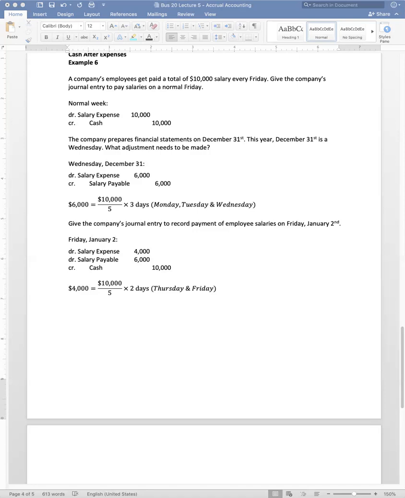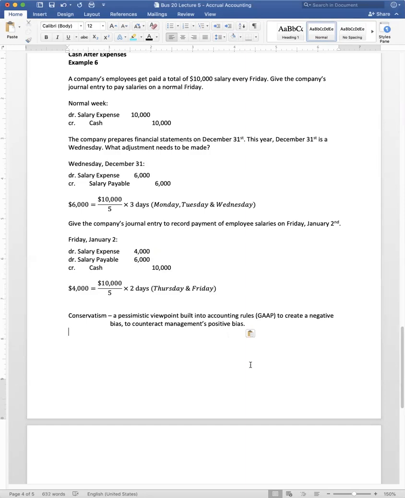They build a negative bias, they build conservatism into the rules so that when that negative bias meets management's positive bias, it should cancel out and result in neutral financial statements. So the idea with conservatism is that it is a pessimistic viewpoint that's built into the accounting rules, built into GAAP, that creates a negative bias, and that counteracts management's positive bias.